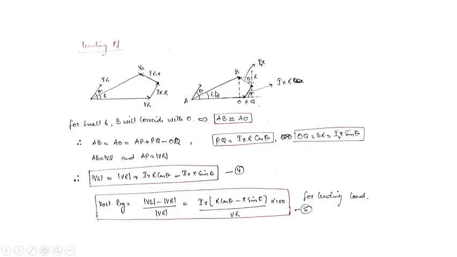So when delta is very small, B will coincide with O, that means AB will be approximately equal to AO. Taking these distances, this AO can be written as AP plus PQ minus OQ, isn't it?